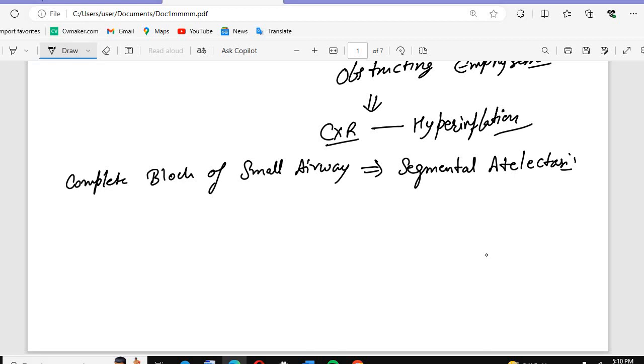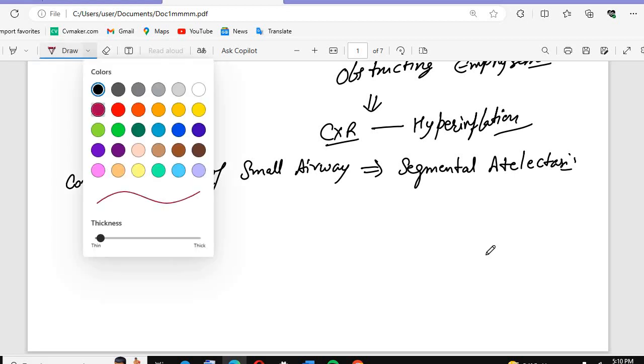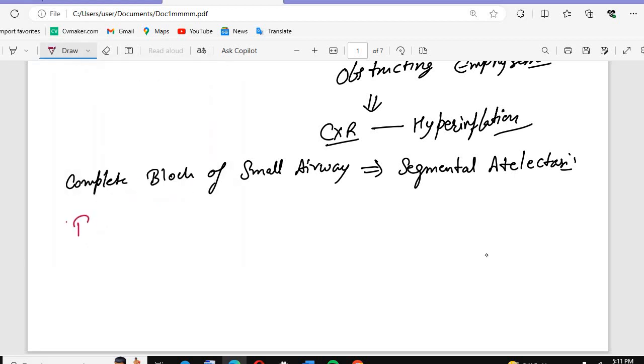Okay. If any obstruction is there, the baby will be having respiratory distress. So you need to remember what respiratory distress is, and what the features of respiratory distress are. What happens in respiratory distress?